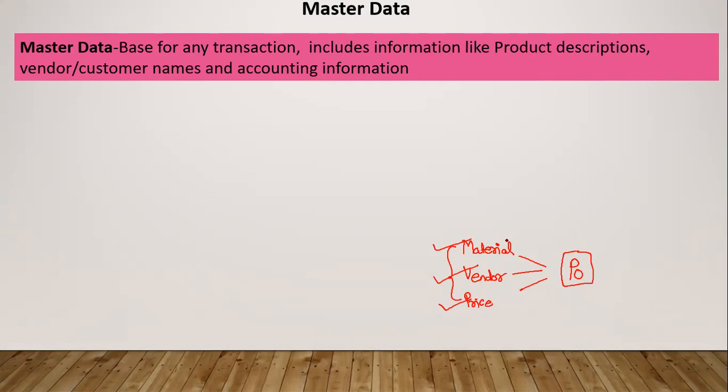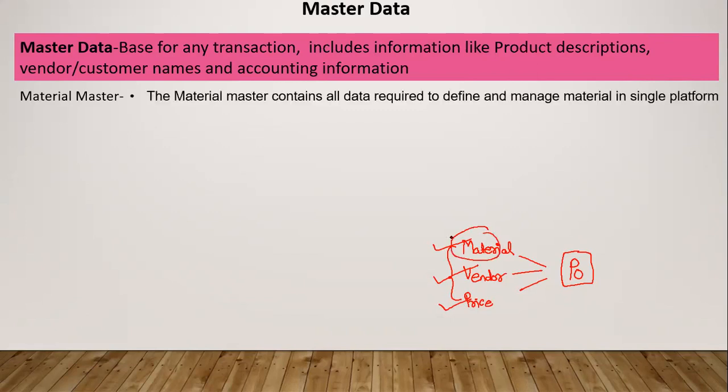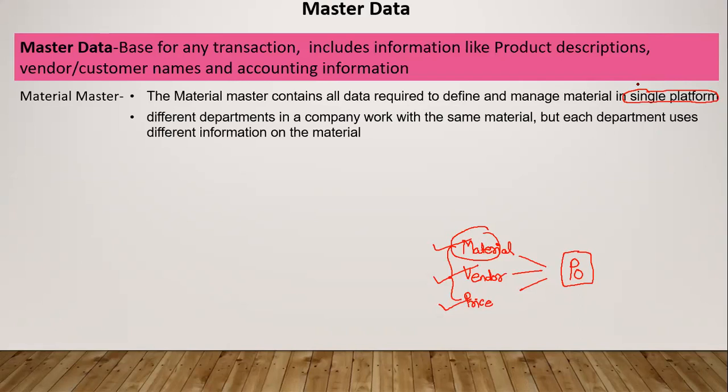The first one is Material Master Data. This name itself indicates all the information regarding the material we enter in Material Master. Material Master contains all the data required to define and manage the material on a single platform. What is a single platform? In a company there are different departments, and they work with the same material, but each department uses different information on the material.